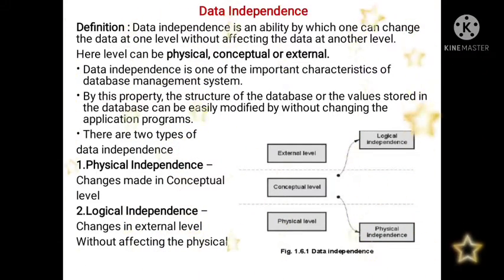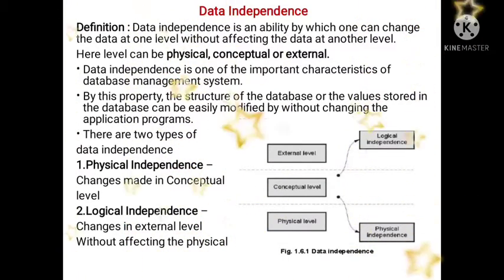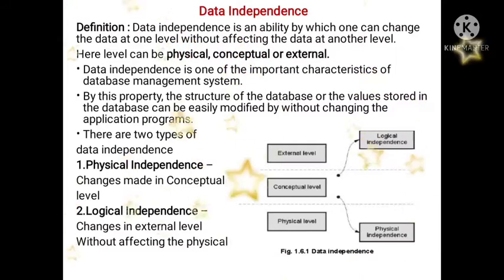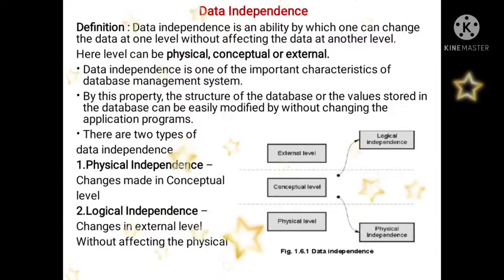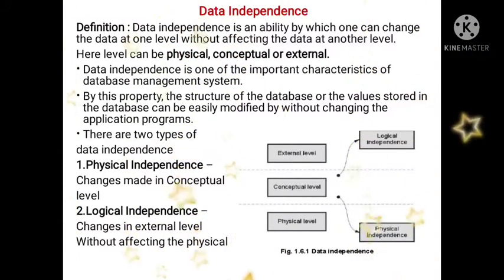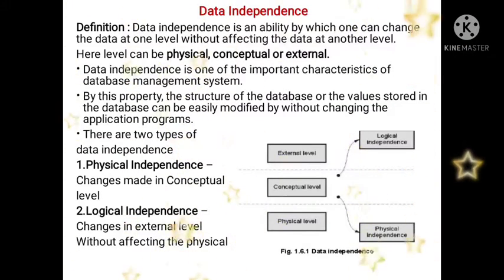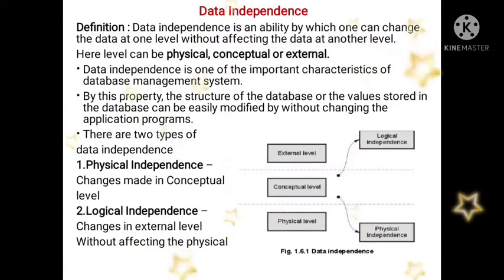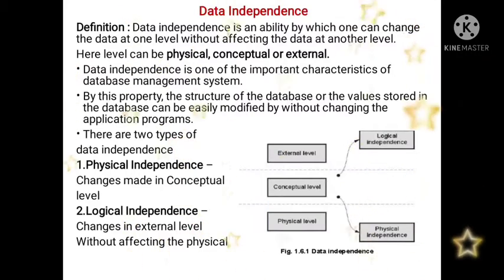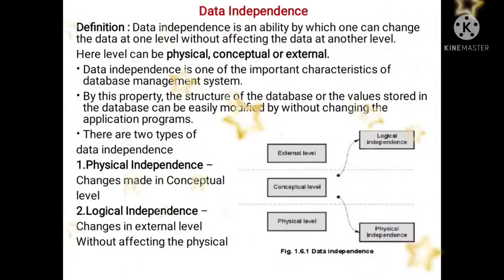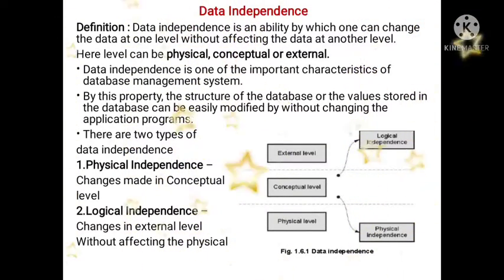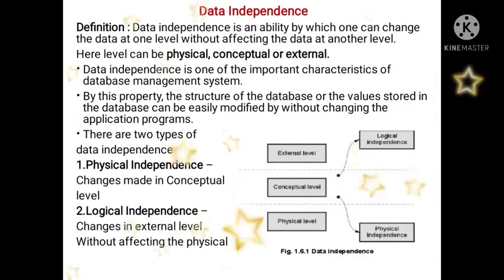The external part is not known to the logical part and the logical part is not known to the external part, but the data are independent. That is called data independence. Whatever changes happen in the logical level will not affect the data, and whatever changes are made in the external level are also not affecting the logical level. That is called data independence.